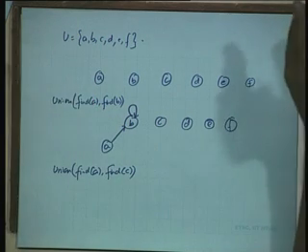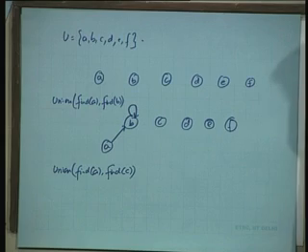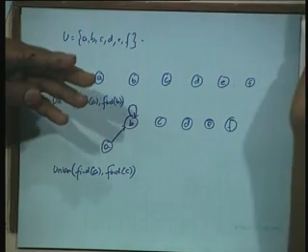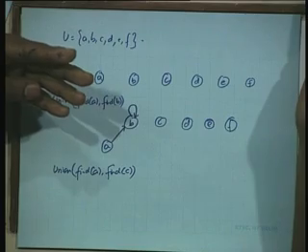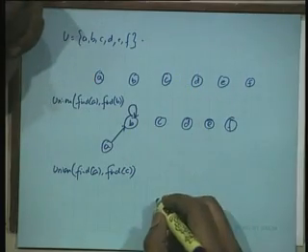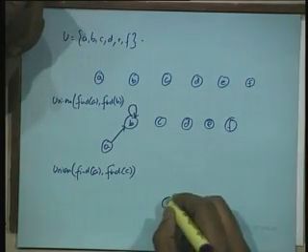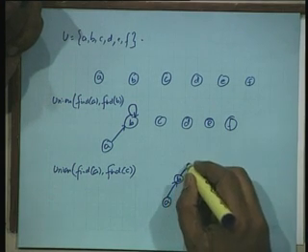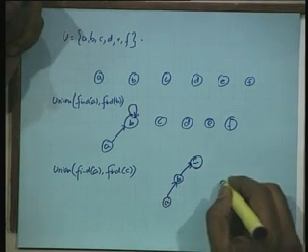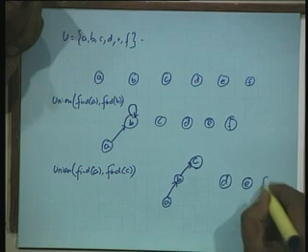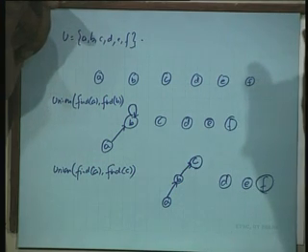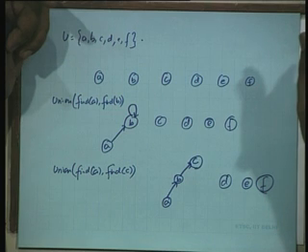What union does is it takes the roots of these two trees and links them up, making one point to the other. So for instance here I might decide to make B point to C, in which case my new representation would look like this.